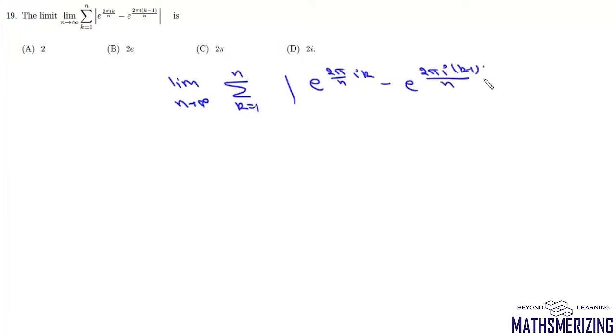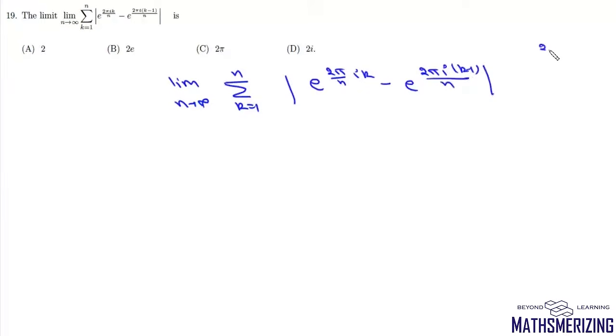Now question number 19 is, we need to find this limit, which is limit n tends to infinity, summation k varies from 1 to n, of e^(2 pi i k / n) minus e^(2 pi i (k-1) / n).